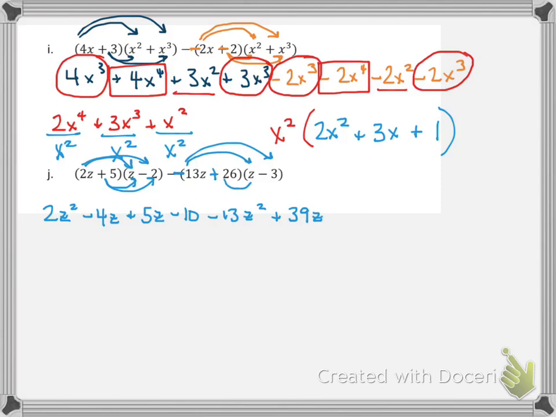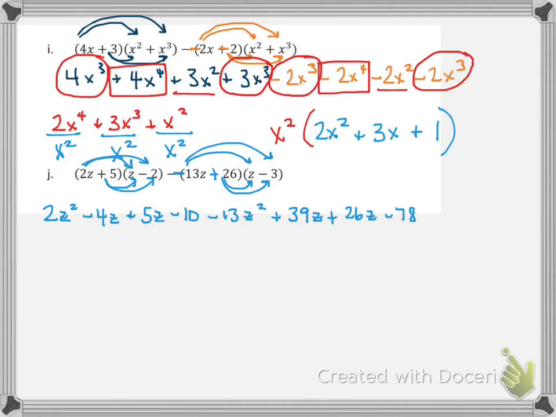And then 26 times z is a positive 26z. And a 26 times a negative 3 would be a negative 78 constant.